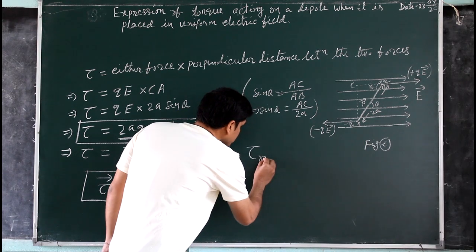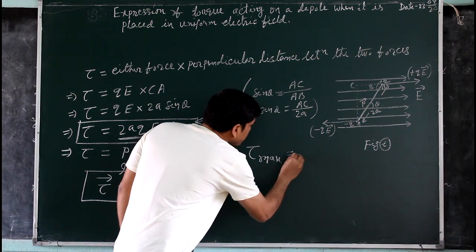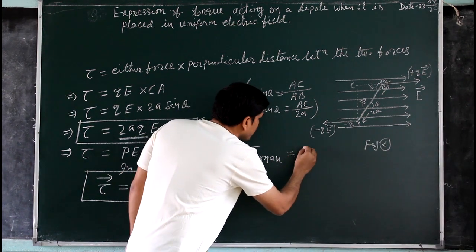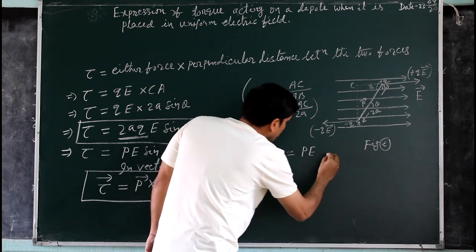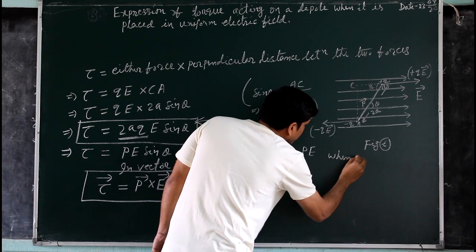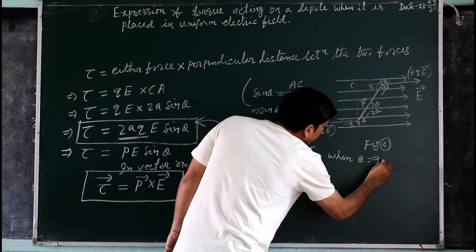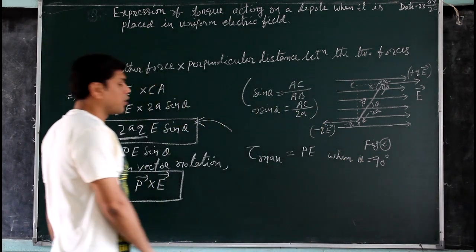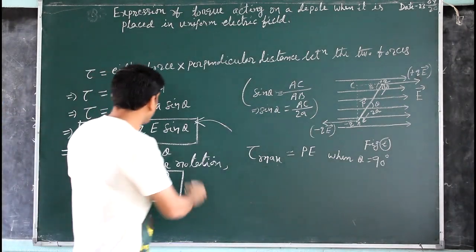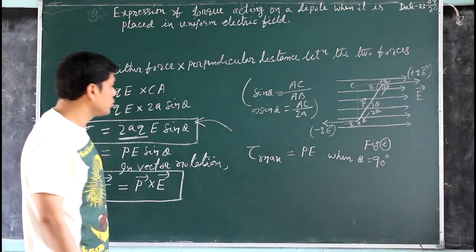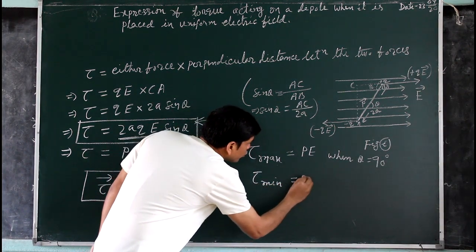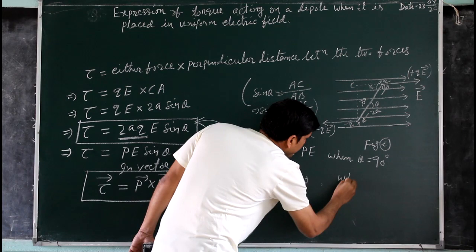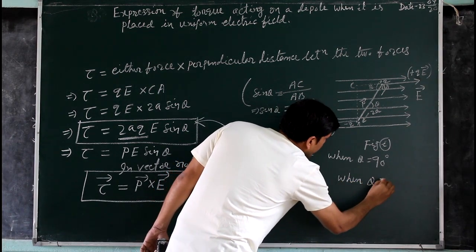So tau max, the maximum value, is PE when theta equals 90 degrees. And it becomes minimum when theta becomes 0, so tau min equals 0 when theta equals 0.